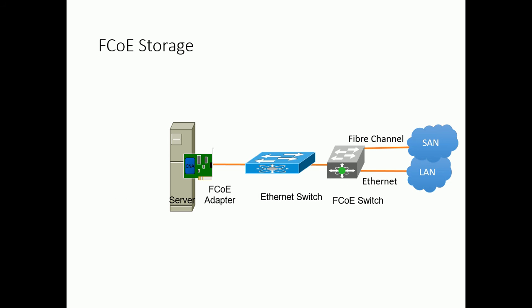So when you look at Fibre Channel, you usually have some Fibre Channel device, which might be on the right-hand side here. Using standard Ethernet switches, they interconnect the SAN devices, which are Fibre Channel, to the servers. So this is Fibre Channel over Ethernet.